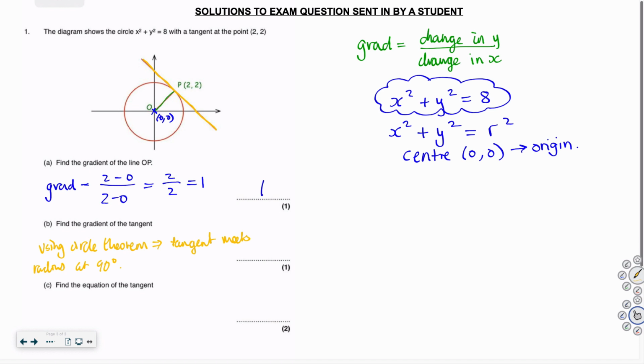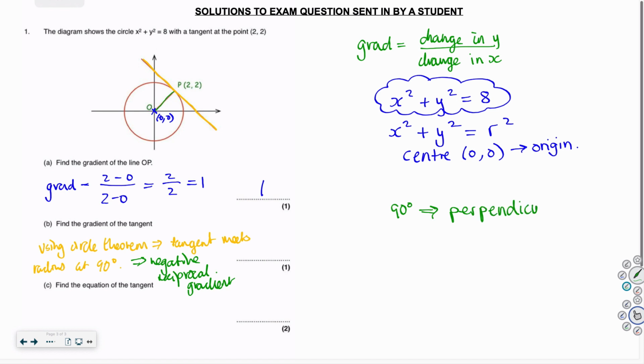What we know about their gradients is that 2 lines that meet at 90 degrees have a negative reciprocal gradient. So I'm going to write that here. They will have a negative reciprocal gradient, and that's because they meet at 90 degrees, or in other words, they're perpendicular.